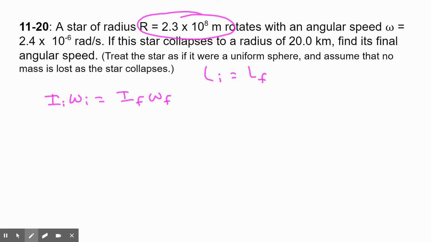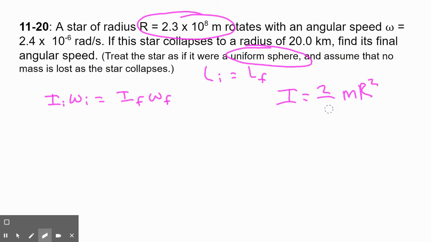Okay, this is a star, so we can go ahead and treat this as a uniform sphere, and we were even told that. When you do so, if you look back at that equation chart, you'll find that I is equal to 2/3 mr squared. Oh, not 2/3. I'm so sorry. 2/5.